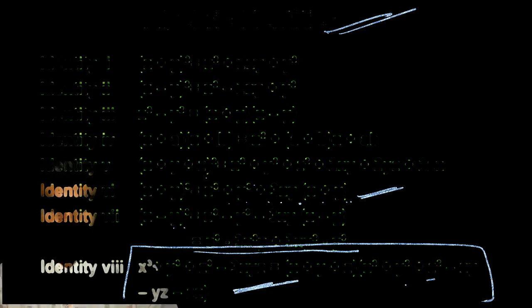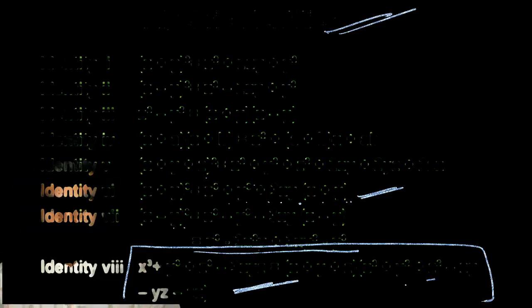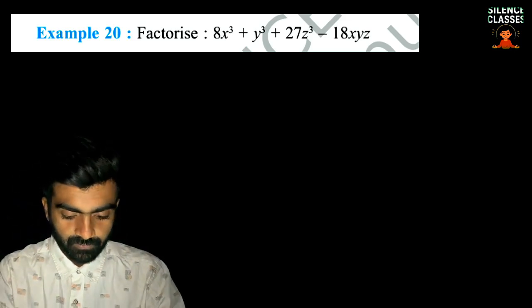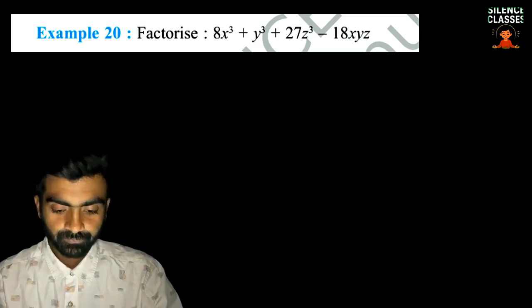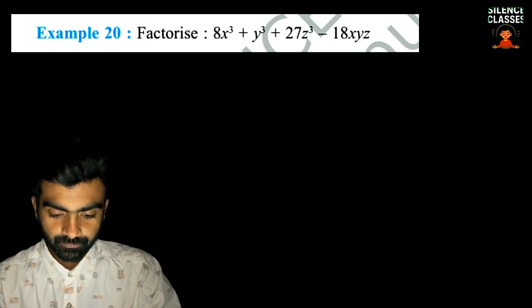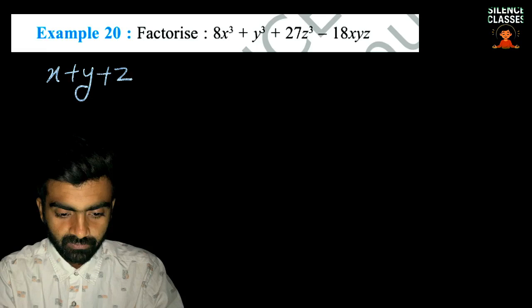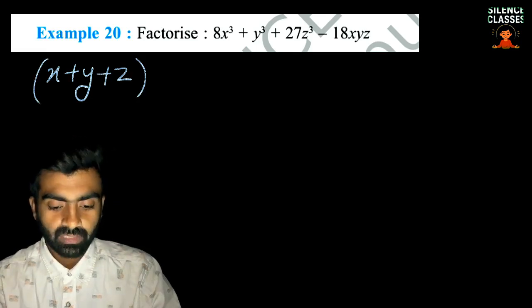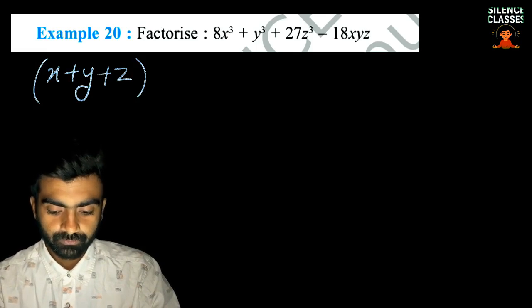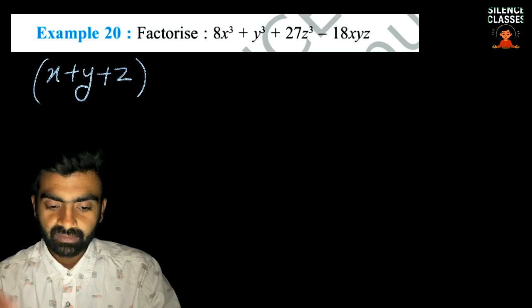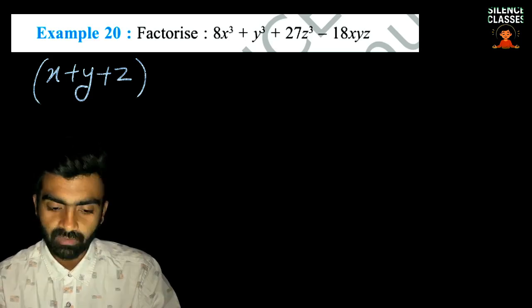So I'll write it down once again. X plus y plus z, we will write it down. Okay, we have to close the bracket. Now what we have to do, x square plus y square plus z square, we have to write it down.